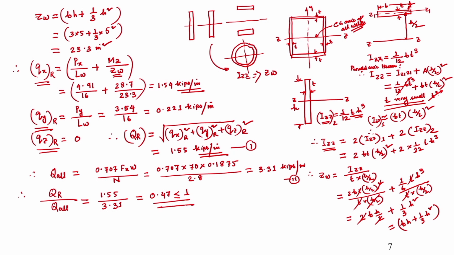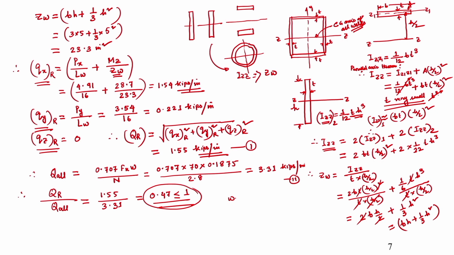So whatever weld you make with the E70 electrode and a factor of safety of 2.8, it is very well satisfied and on the safe side for design, because it is much lesser than 1. That means this welding is safe.